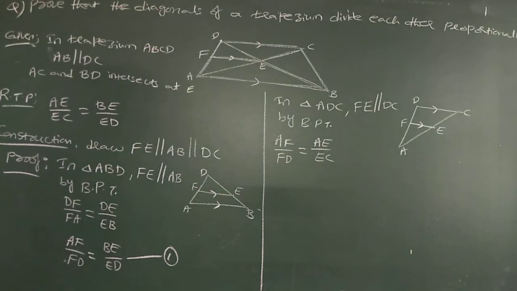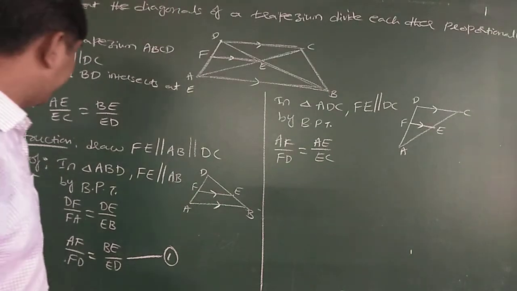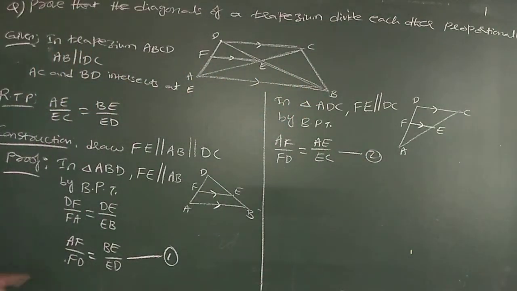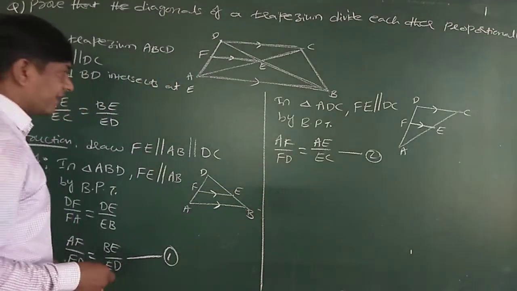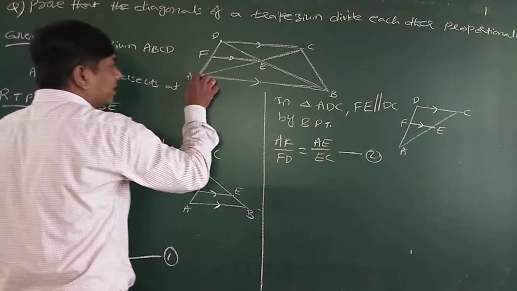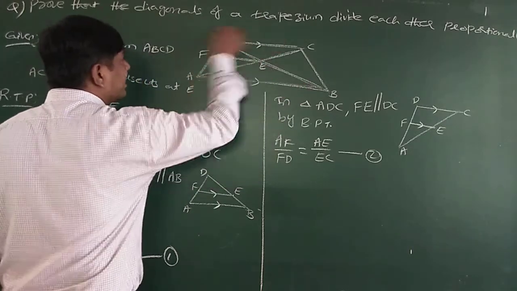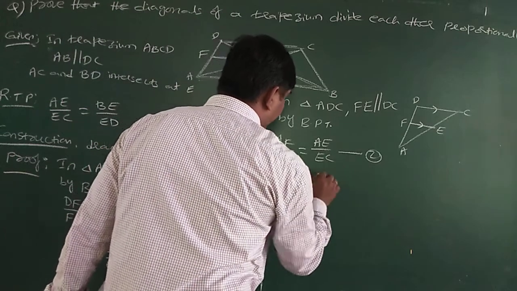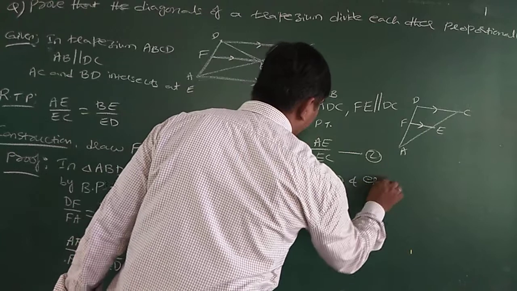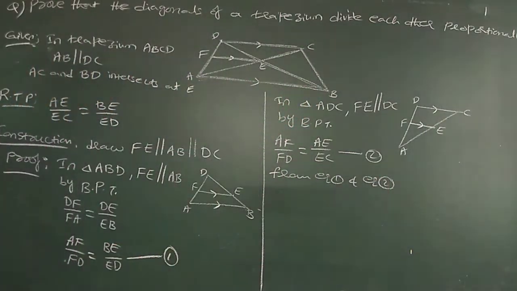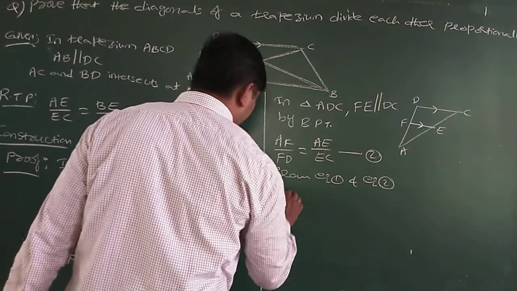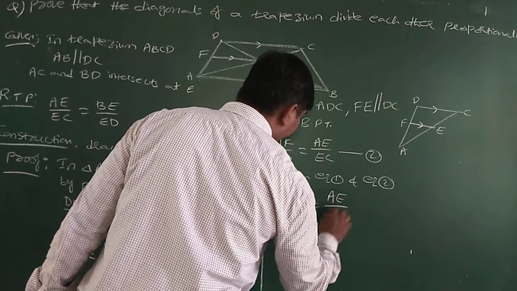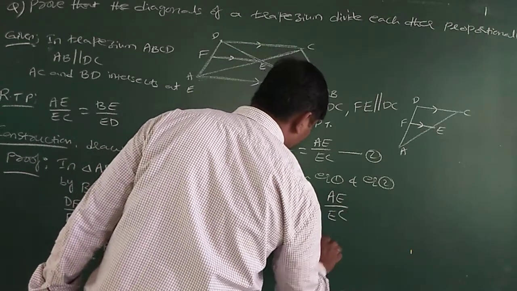This is equation number 2. From these two equations, AF by FD is common. One time I took triangle ABD as the base, and this time the other side. So from equation 1 and equation 2, BE by ED is equal to AE by EC. Hence proved.